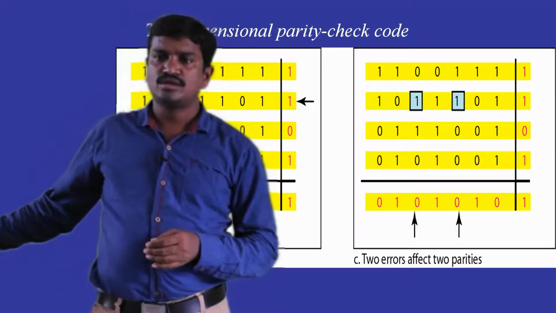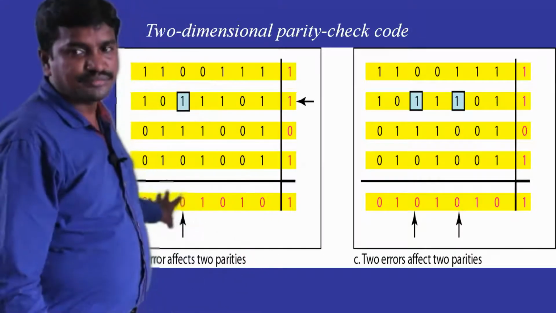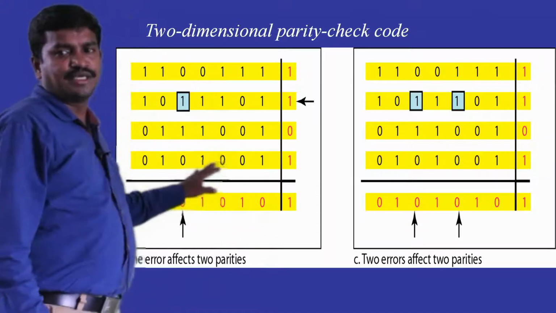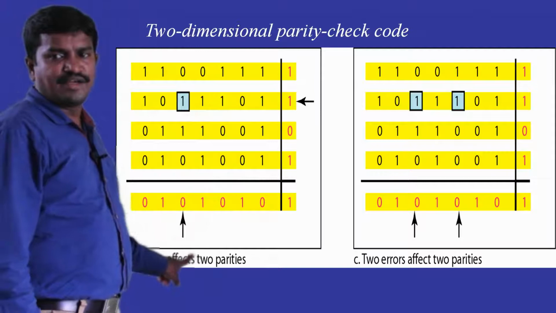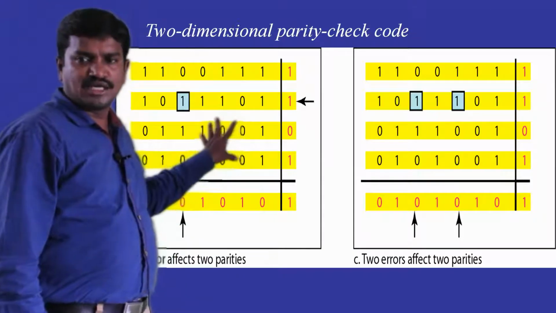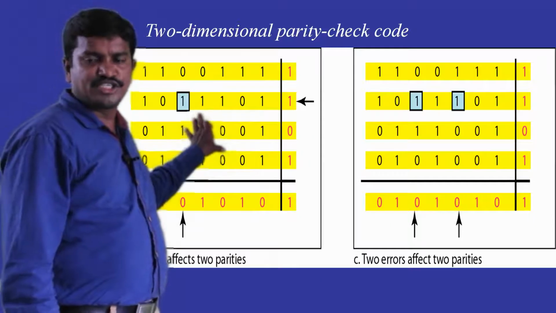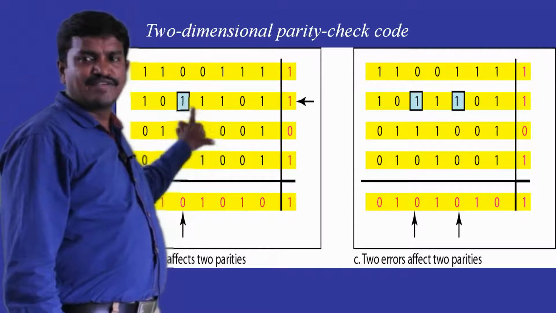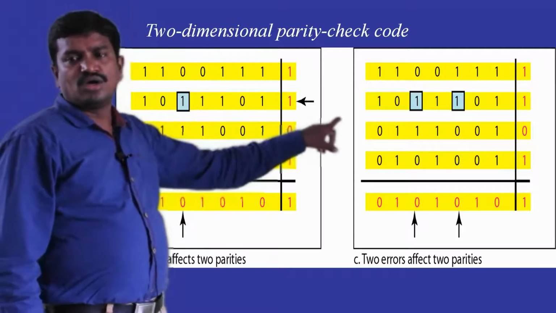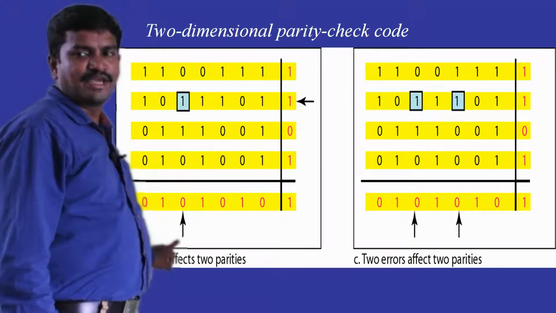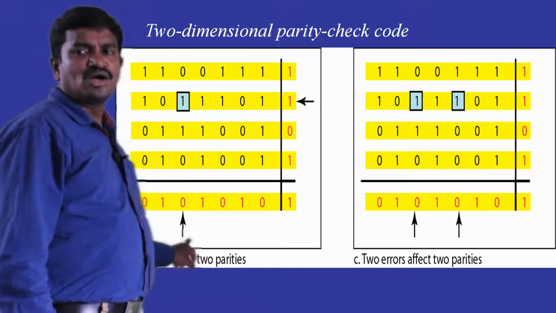See this. For example, we have 2 bits here. One error affects 2 parities. This is the data organized in tabular fashion, and when one bit is changed, it has an impact on the row parity as well as the column parity.